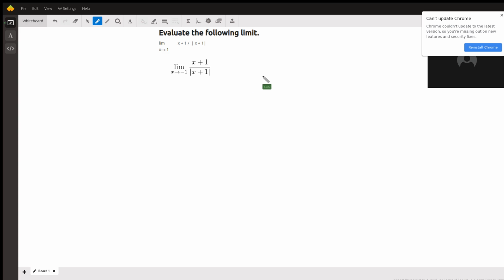So the thing with absolute value is that the absolute value function can be broken up into two pieces here. So we have x plus 1, so whenever x plus 1 is less than 0.